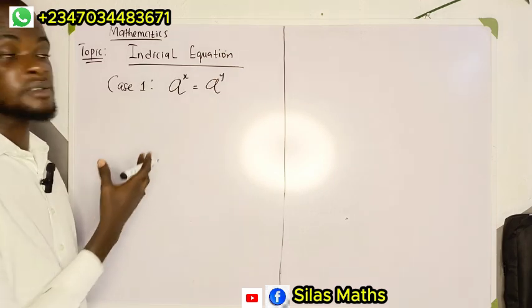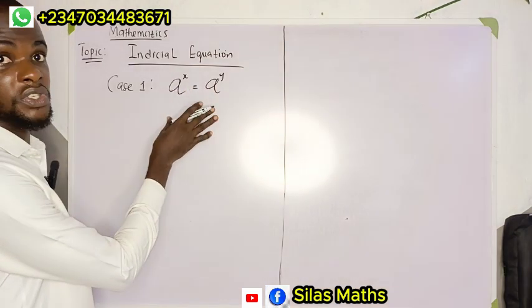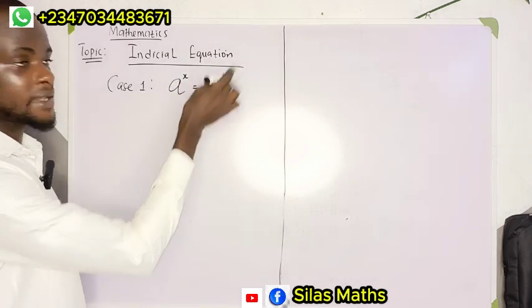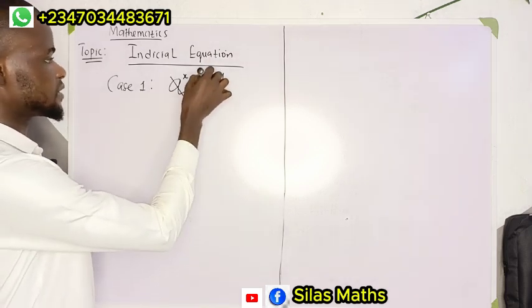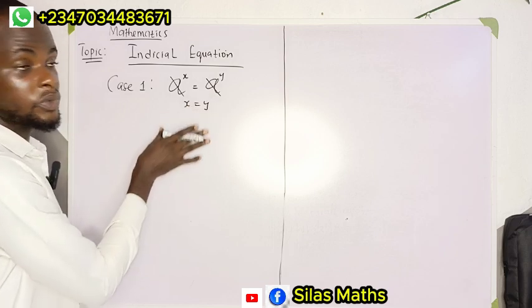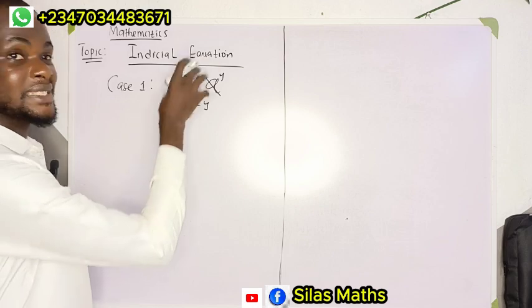This simply states that whenever their bases are the same and we're having an equation like this, you just equate the powers. That is, cancel out this base and then x becomes equal to y. When the bases are the same in this format, we equate their powers.